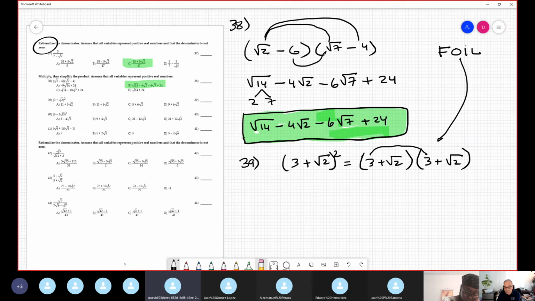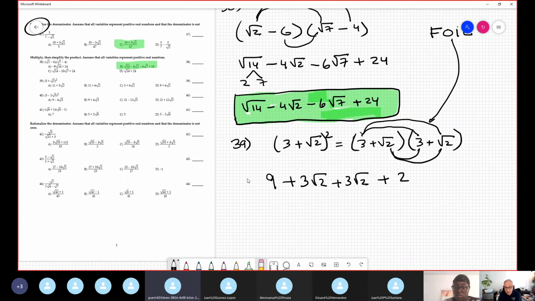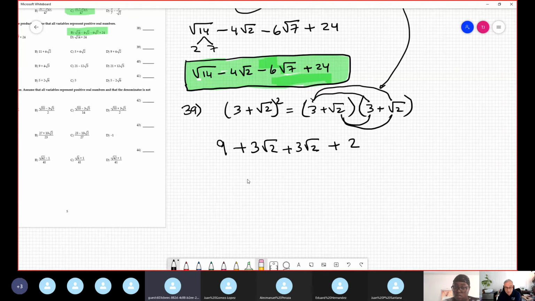3 times 3 is 9. 3 times radical 2 is 3 radical 2. 3 times radical 2 is the same, I copy in this order. And radical 2 times radical 2, I know, gets 2. Okay, nice. So in this case, we have 9 and 2 together, is 11.